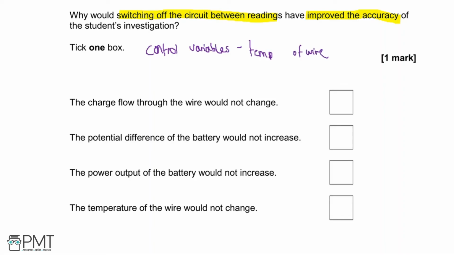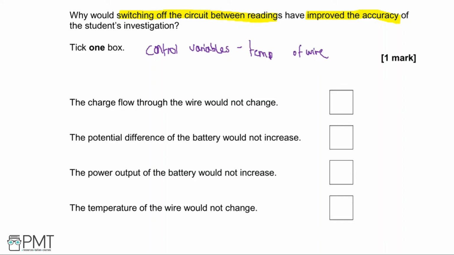And we need to control this because when the temperature of the wire increases, this causes an increase in resistance. So what we need to do is to try and keep the temperature of the wire constant throughout our experiment. The way we can do this is by switching the circuit off between readings.